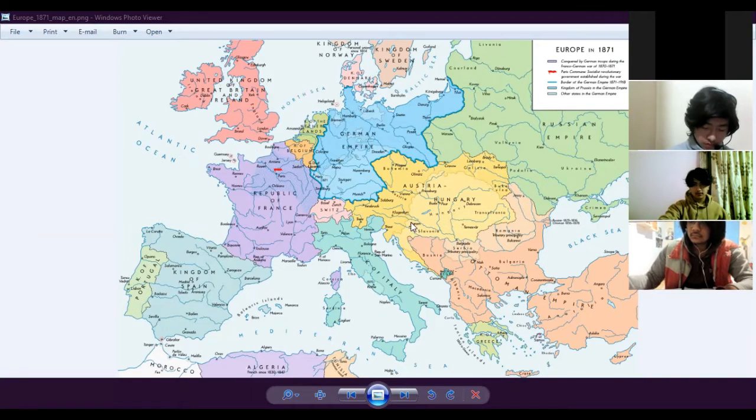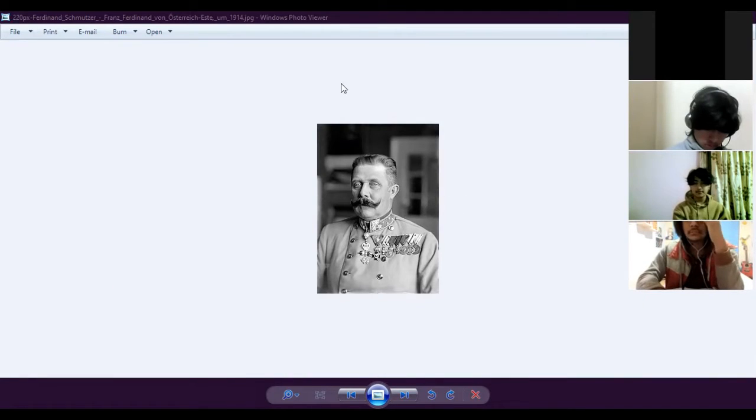So basically, while in Serbia, the Austrian nobleman and the heir to the throne of Austria-Hungary, Franz Ferdinand, was assassinated by Serbian nationalist Gavrilo Princip. As you can see, this person right here, he was Archduke Franz Ferdinand of Austria-Hungary.